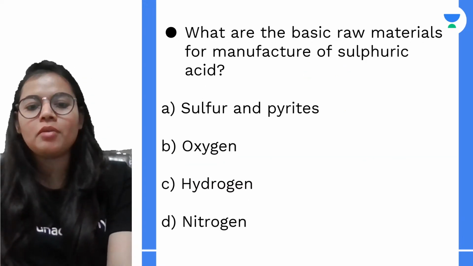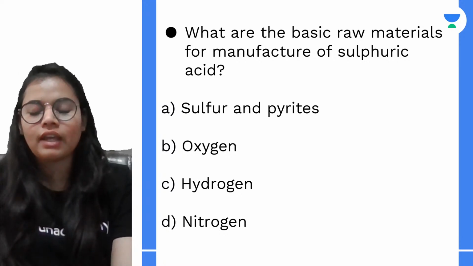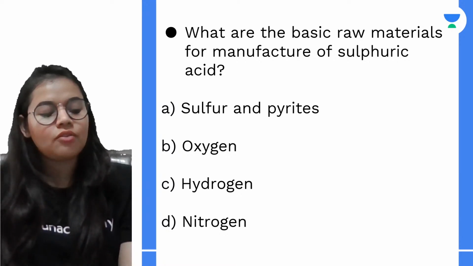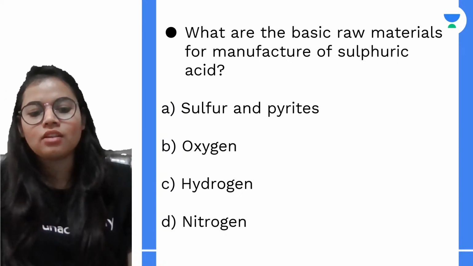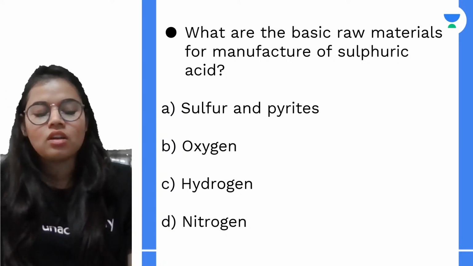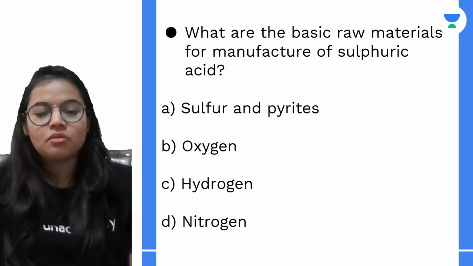What are the basic raw materials for manufacture of sulfuric acid? Sulfuric acid को obtain करने के लिए जो raw materials हम use करते हैं, कौन से raw materials है वो?